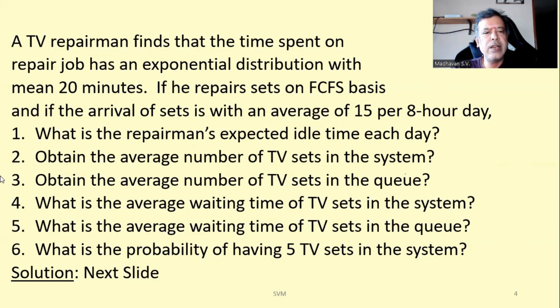First question. Second, obtain the average number of TV sets in the system. Third, obtain the average number of TV sets in the queue. Fourth, what is the average waiting time of TV sets in the system? Fifth, what is the average waiting time of TV sets in the queue? And what is the probability of having 5 TV sets in the system? We'll start the solution in our next slide.